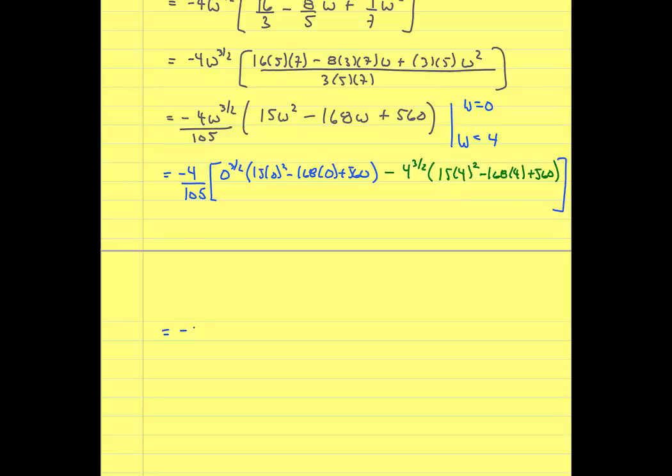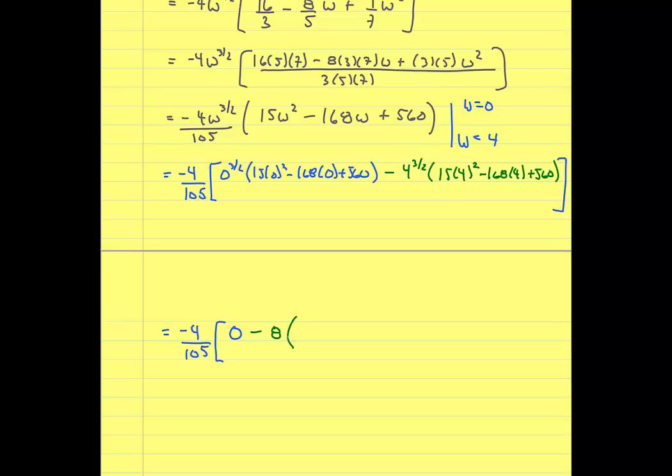Okay, so this is negative 4 over 105. And we're trying to simplify this. I'm going to end up with 0 times anything, of course, is 0, so my upper limit of integration is 0. Minus, now 4 to the 3/2, the square root of 4 is 2, 2 cubed is 8.